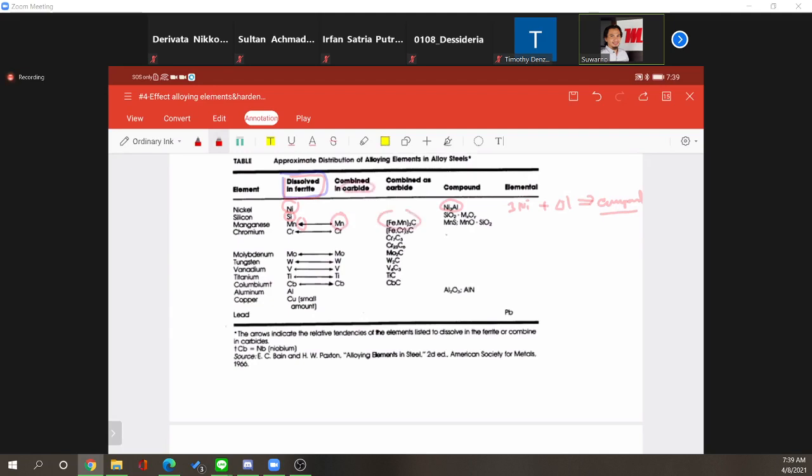It is something with carbon, because we know that steel is actually carbon steel, always with carbon present in the microstructure. Therefore, there is a high possibility of forming something like this: iron plus alloying element, in this case, plus C. Anything with C, we call it carbide.